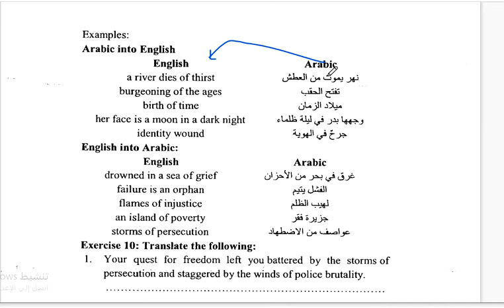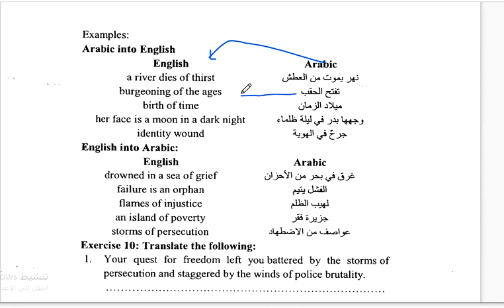Now, I ask you, does the river die from thirst? هل النهر يموت؟ No. So الميتافور هو عبارة عن تشبيه. It makes the river as if it is a human who dies from thirst. So here a river dies of thirst.